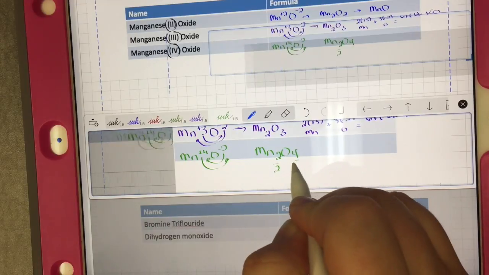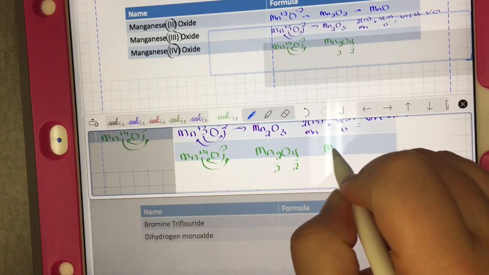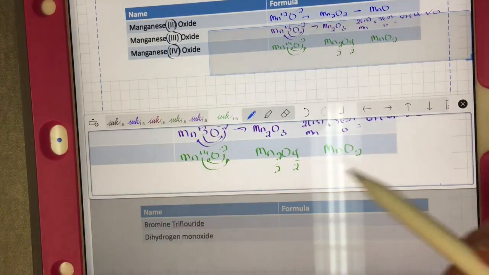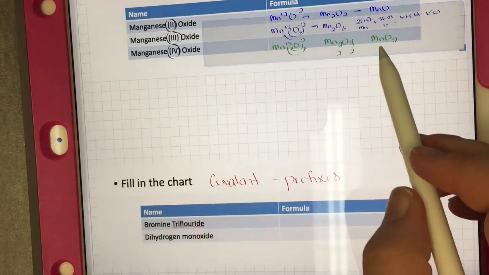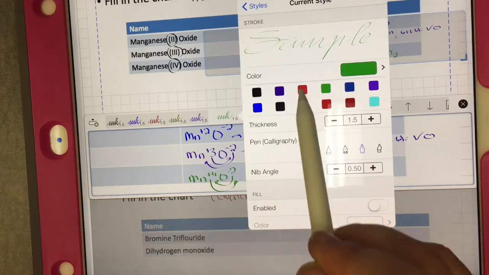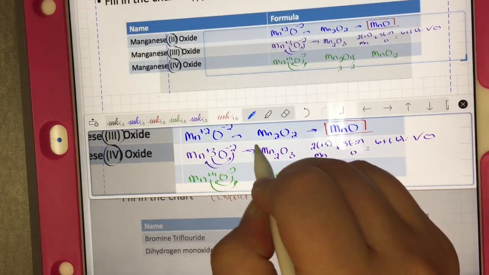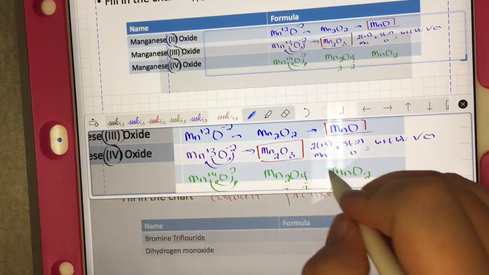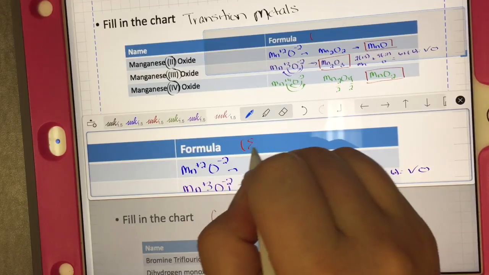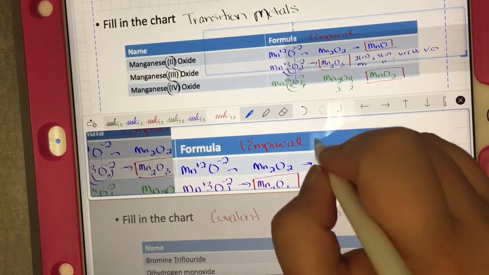Again, we want to have our empirical formula with the lowest ratio, so we're going to have MnO2. You can check your math there just to make sure it adds up to 0. I'm just going to write a reminder up here. We want the empirical formula.